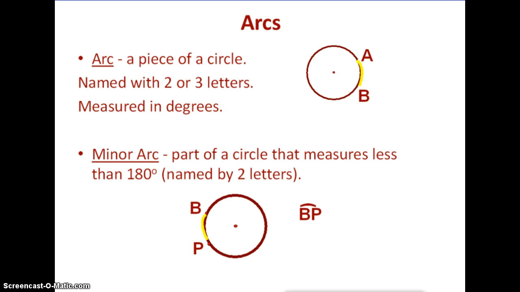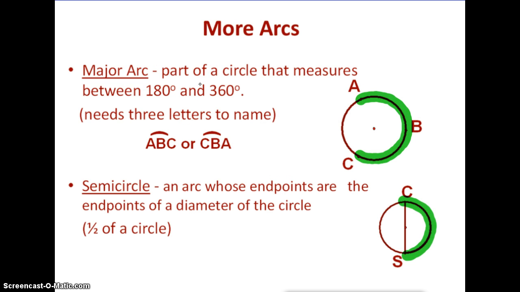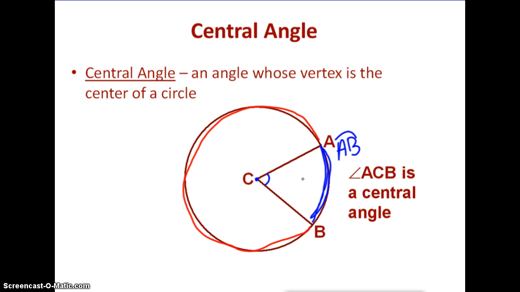Now, when we talk about major arcs, these are arcs that are larger than half the circle. So in this case, ABC or CBA. If we go back to our first example, this red arc was our major arc, and we actually have to give it a 3rd letter in order to show that it's a major arc.